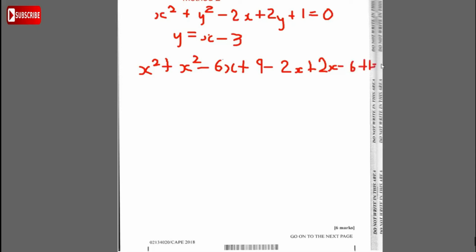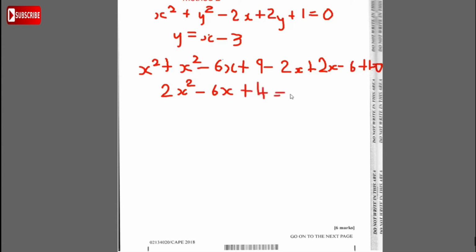So what we did was substitute the line into the curve. Let's simplify this equation. x² + x² is 2x². Then -6x - 2x is -8x, plus 2x, that's -6x. And then we have 9 minus 6 is 3, and 3 plus 1 is 4. This is equal to 0.